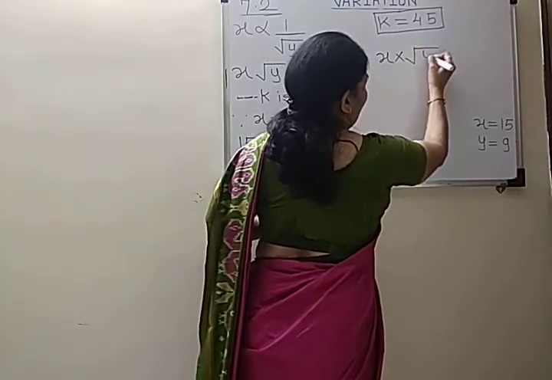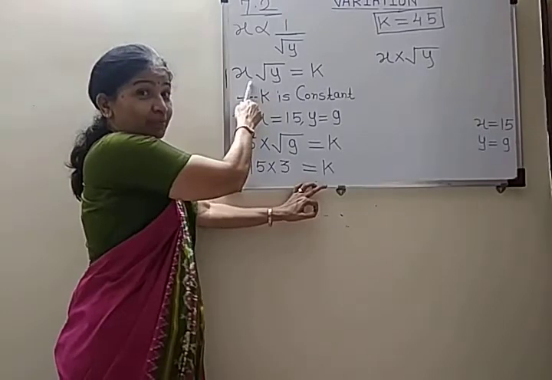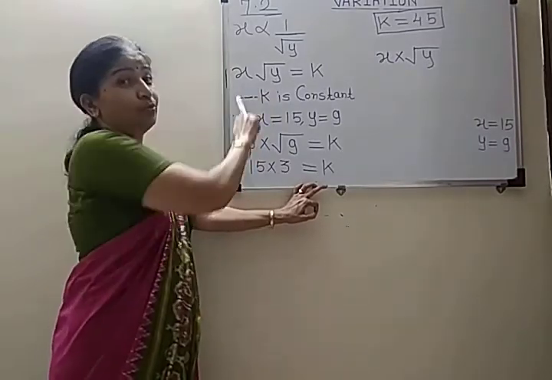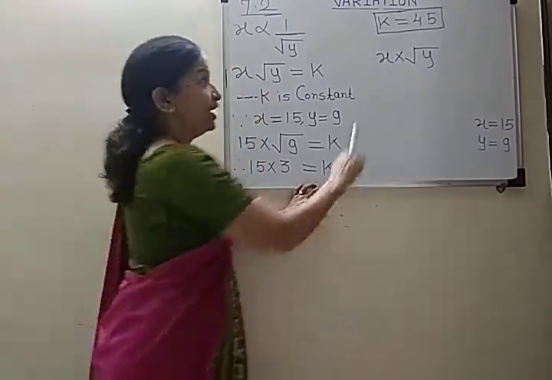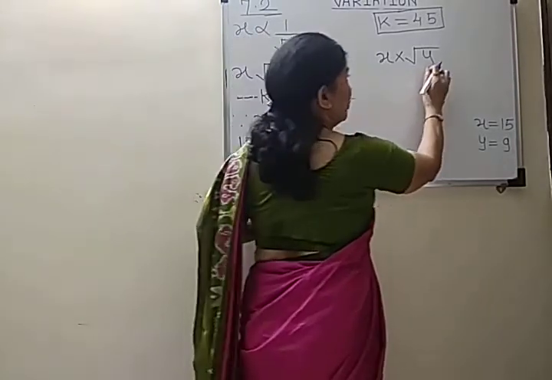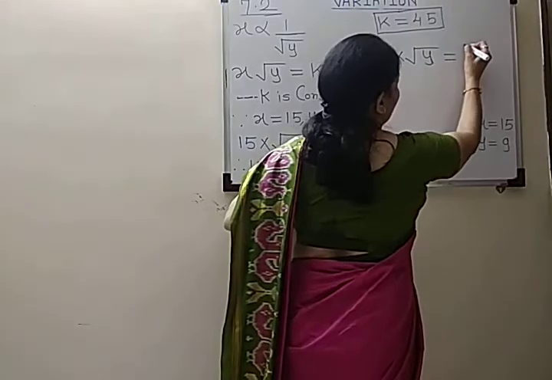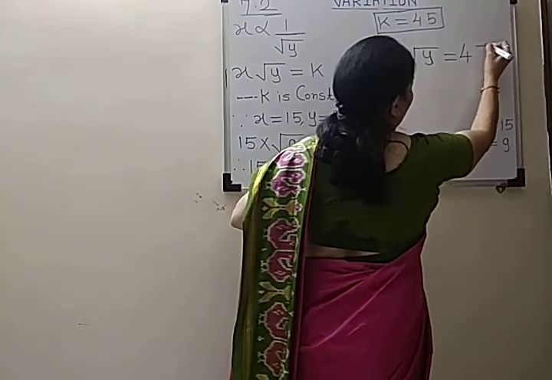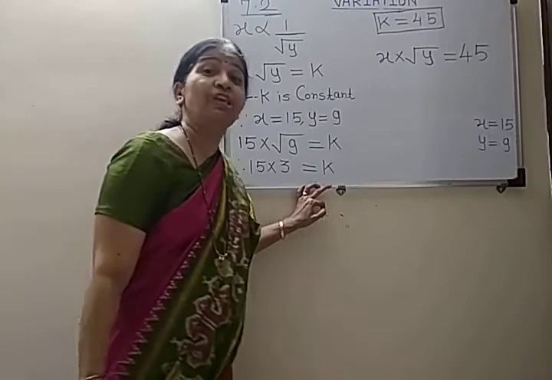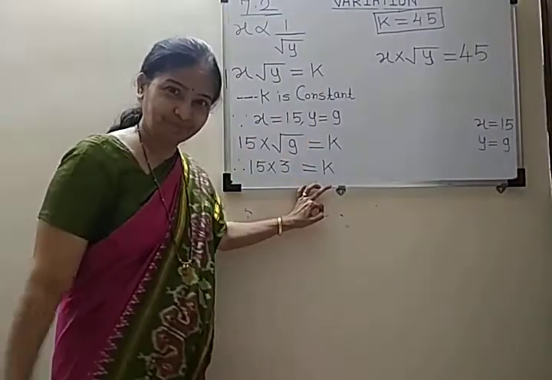When there is no sign in between, I should assume it as multiplication. x into root y is equal to, substitute the value of k, which is 45.